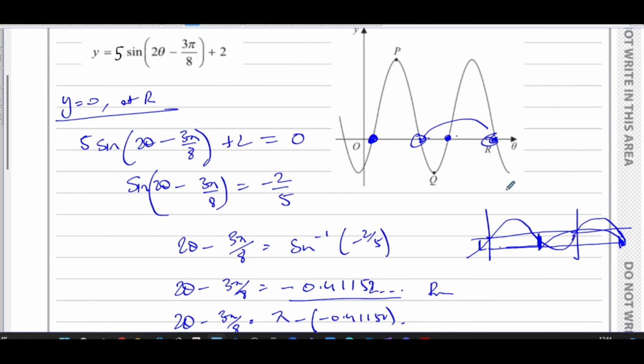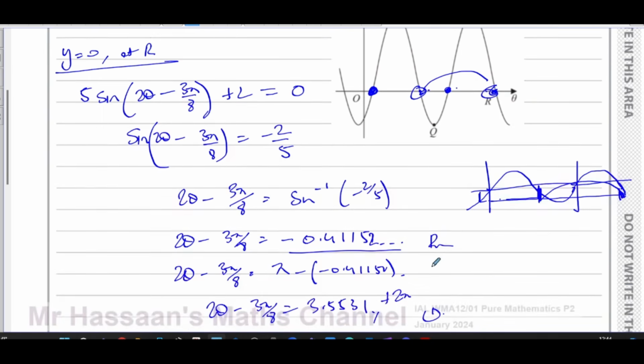So when we solve this equation, inverse sine of minus 2/5, we're finding this angle here.